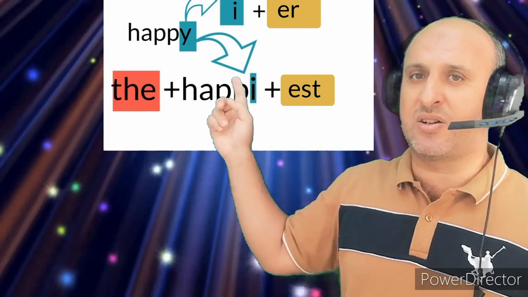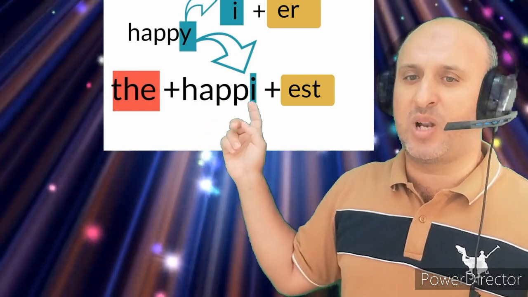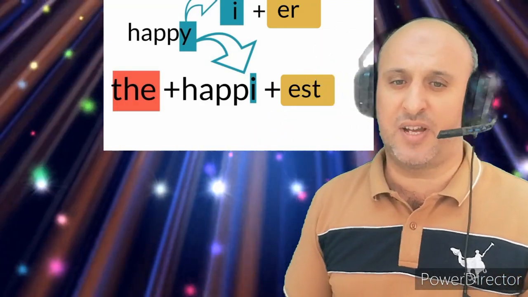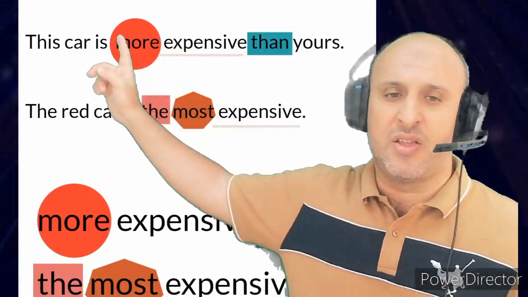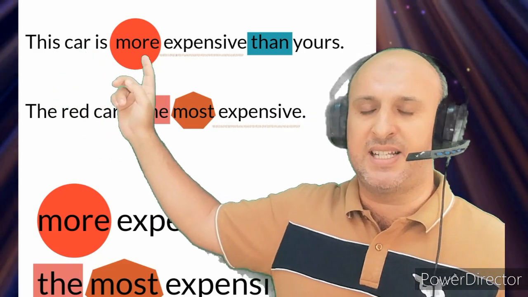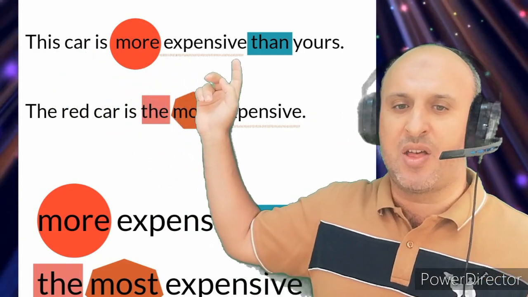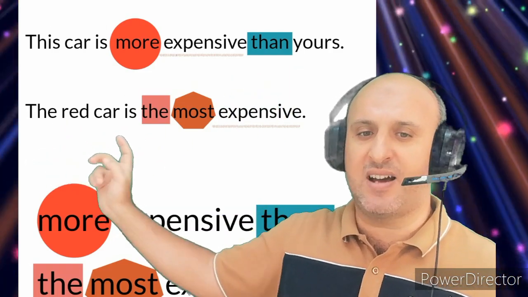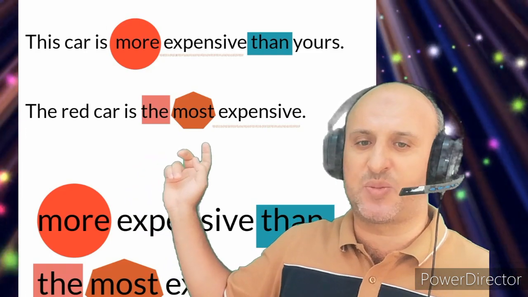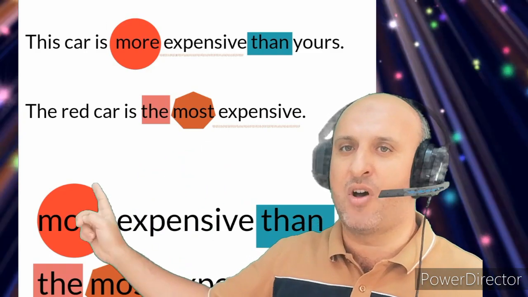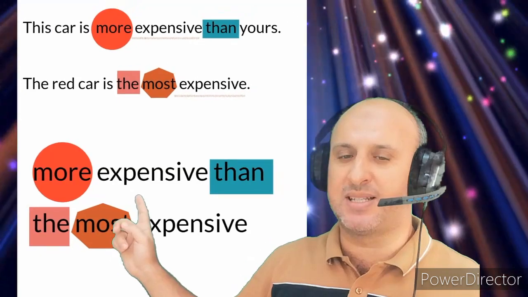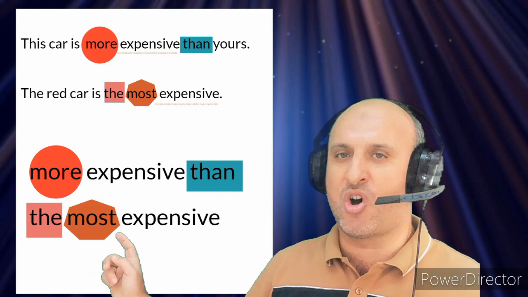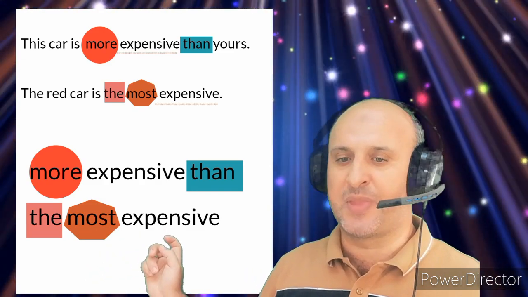Also the Y is transformed into I plus EST. The fifth set of examples, we have this car is more expensive than yours. We have also the red car is the most expensive. So here we have more expensive than. We have the most expensive.